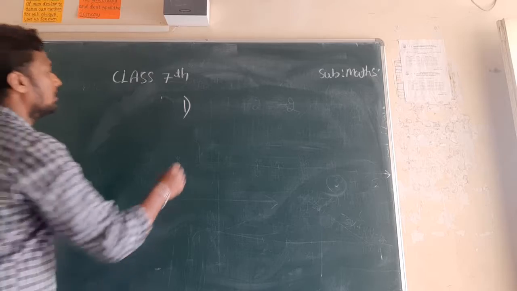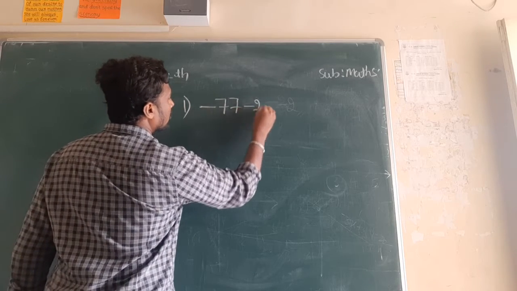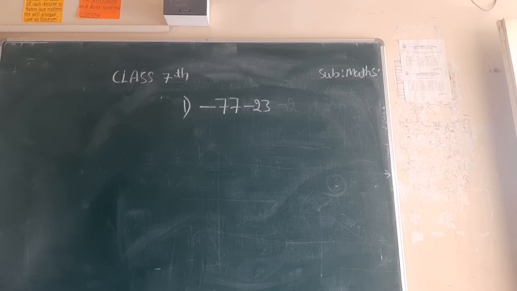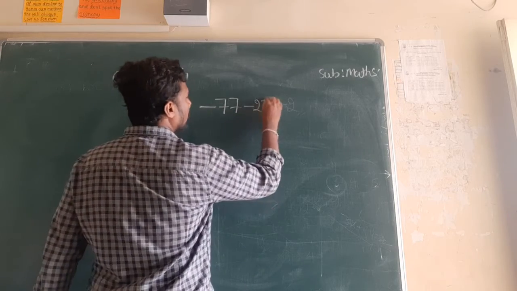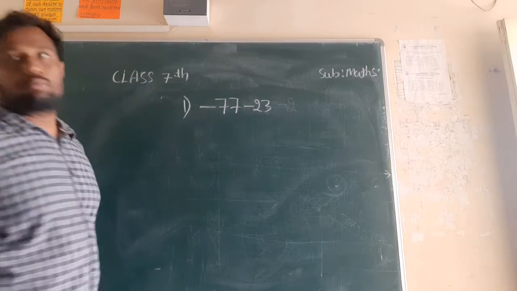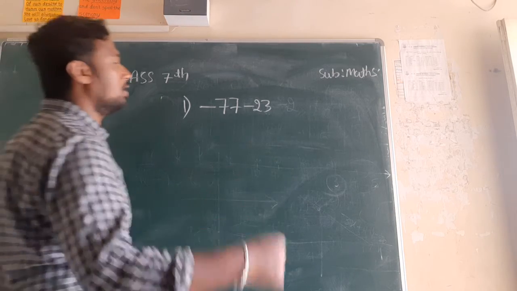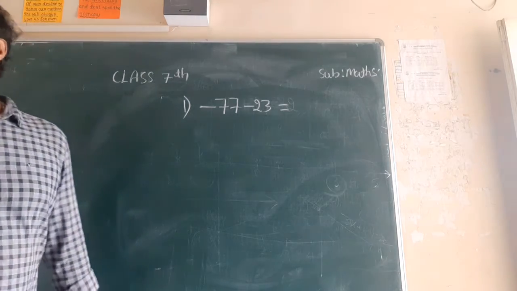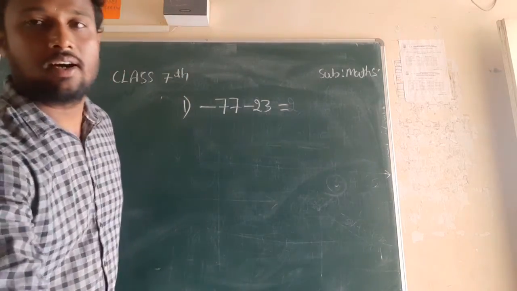For example, consider minus 77 minus 23. Minus 77 minus 23. So here minus into minus, what we will get? Plus. So plus means we have to add. So 77 plus 23 means what we will get? 100. 77 plus 23 means you will get 100.